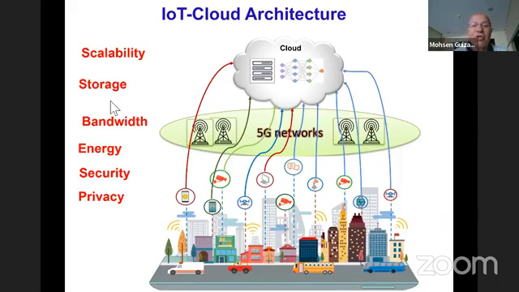Storage is a problem. The data that we collect is raw data. There is no pre-processing or pre-cleaning, and we send it to the cloud, and then we store the whole thing until it is processed. So we may face problems of storage.